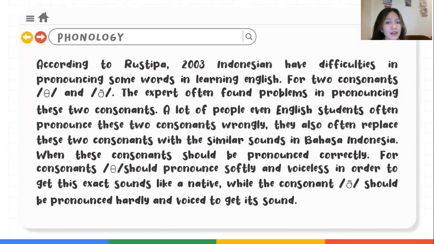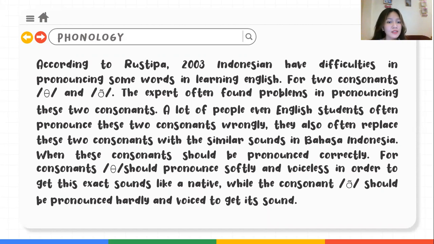According to Rustipa, 2003, Indonesians have difficulties in pronouncing some words when learning English. For the two consonants θ and ð, experts often found problems in pronouncing them. A lot of people, even English students, often pronounce these two consonants wrongly.